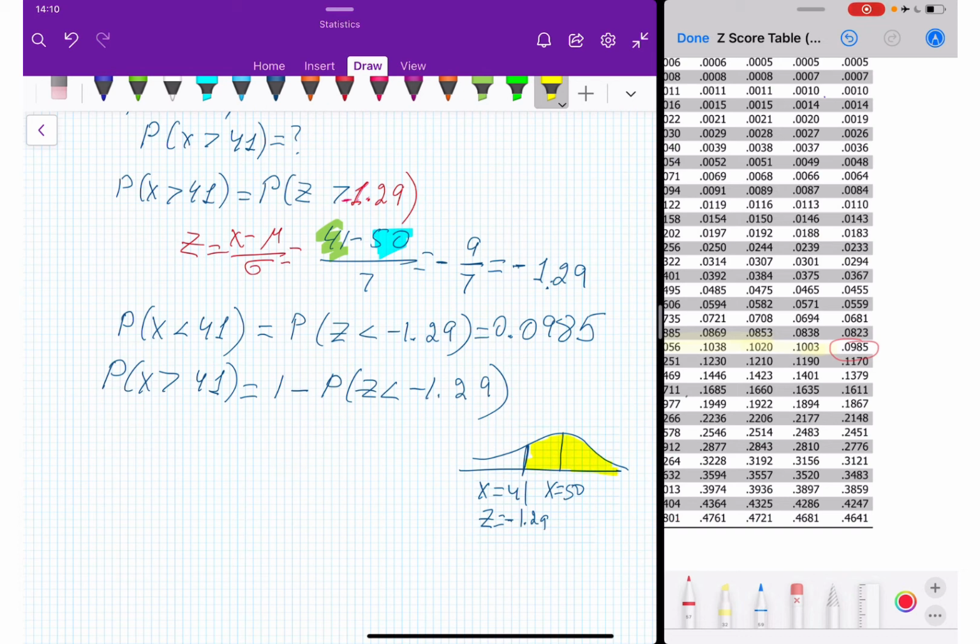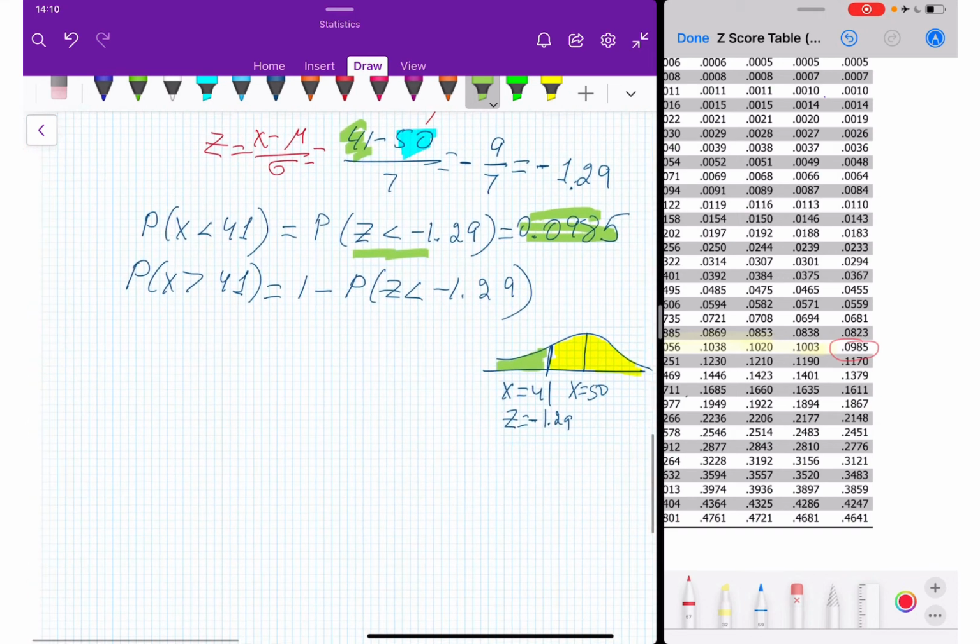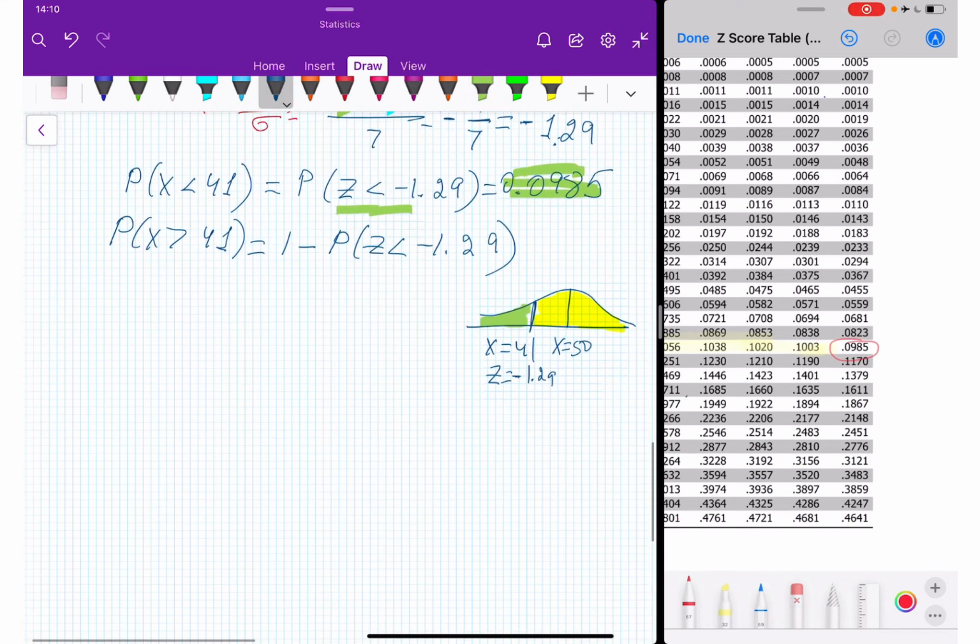So therefore, first I'm finding the area that is below this one, the green one, which is 0.0985, because I found here less than. And then I'm subtracting from 1 to get this yellow one.